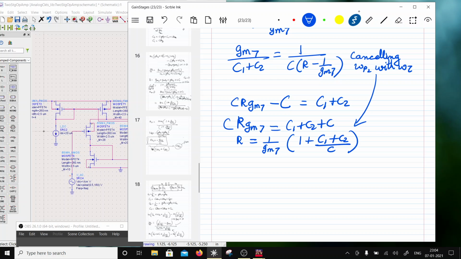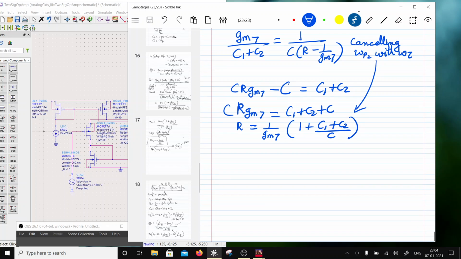Now, this is one way. If you increase R further, then the zero will come between pole 1 and pole 2, right? So that's going to happen.